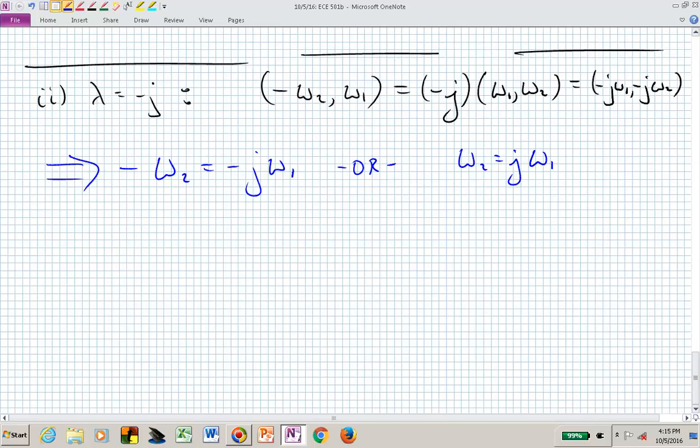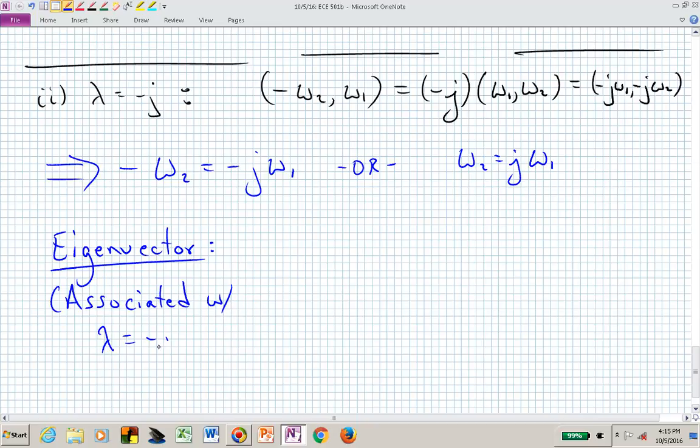And now we have the eigenvector that we can associate with the eigenvalue that was in the bottom half of our complex plane at minus j, right on the imaginary axis.